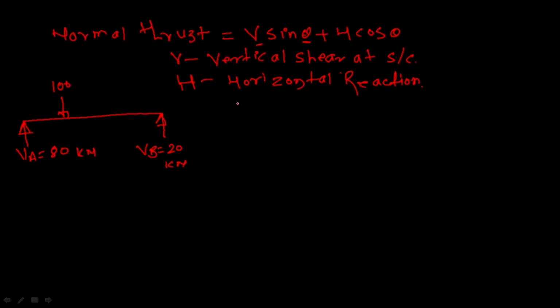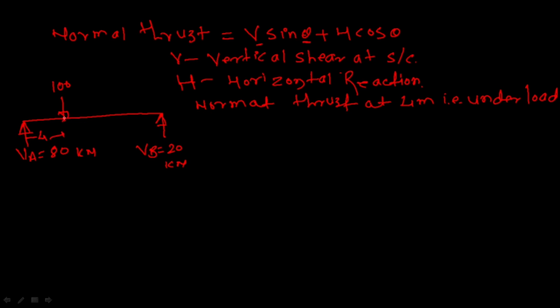So now we are calculating the normal thrust at the 4 meter, that is under load. So we are calculating the normal thrust at this location, that is the 4 meter.